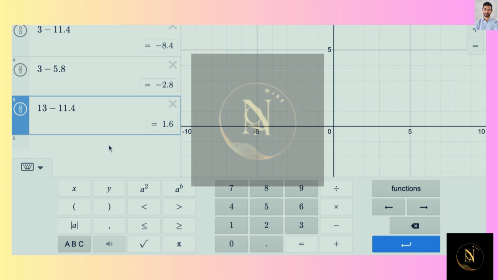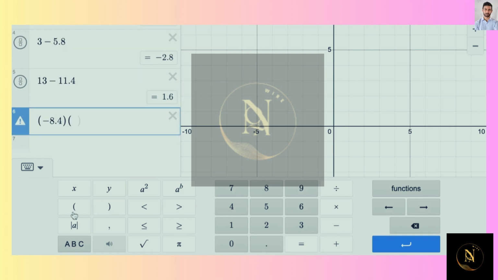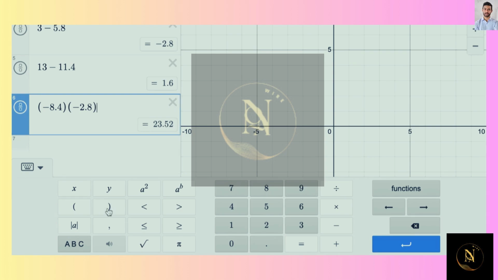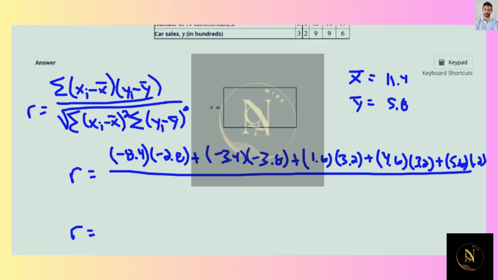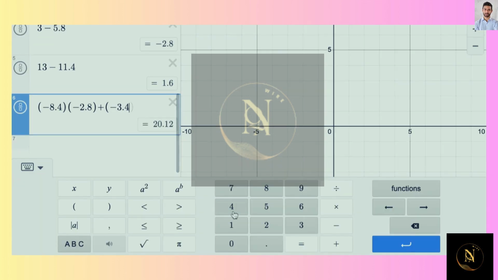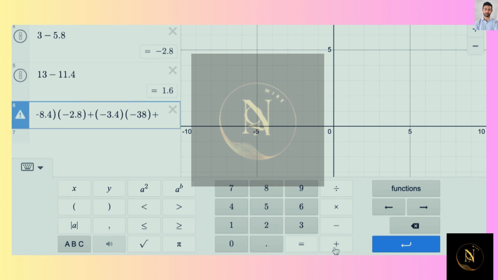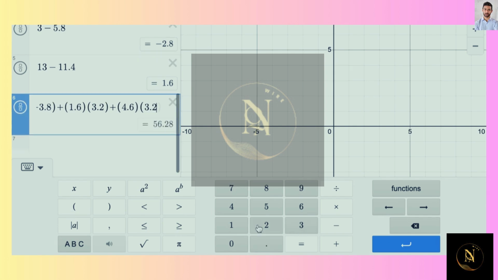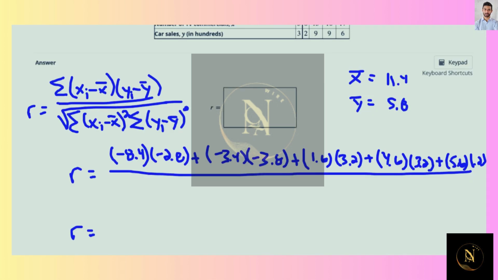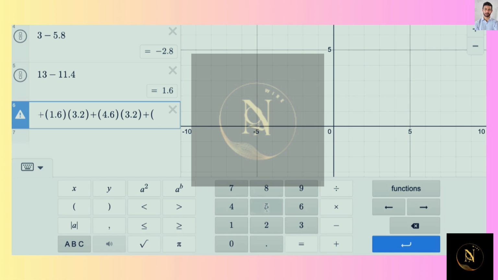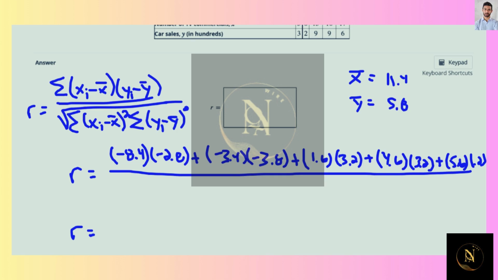So negative 8.4 times negative 2.8, plus negative 3.4 times negative 3.8, and then 1.6, 3.2, and then 4.6, 3.2, and then 5.6 and 0.2. We get 57.4.